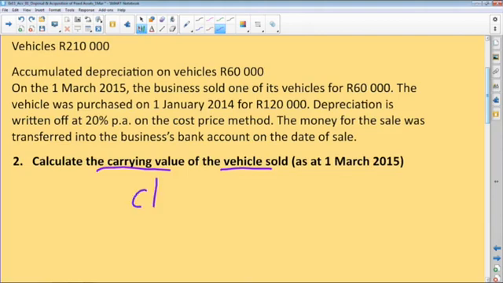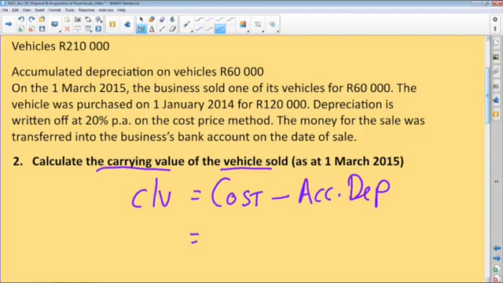Carrying value is equal to cost price minus accumulated depreciation. So let's do this calculation together. Your carrying value: cost price, 120,000, minus my accumulated depreciation that I calculated in the previous question.